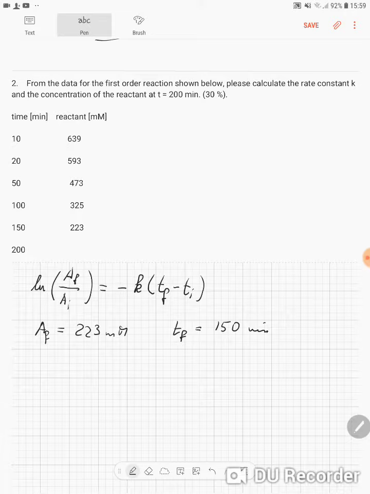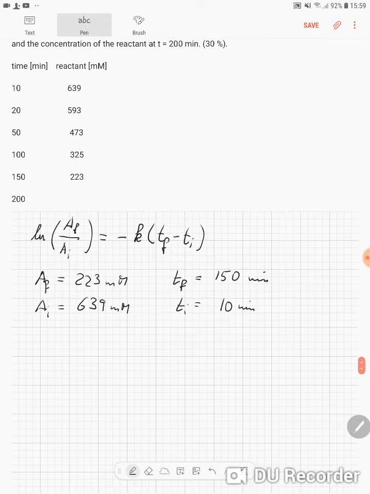That's the corresponding value. And for the A initial, let's go for the first one that we have, 639 millimolar, and the t initial equals 10 minutes.